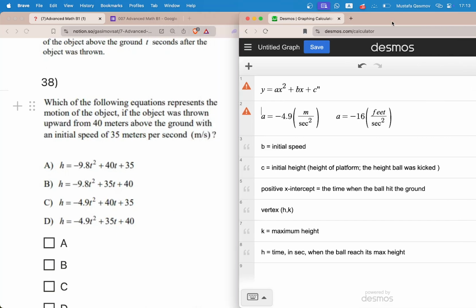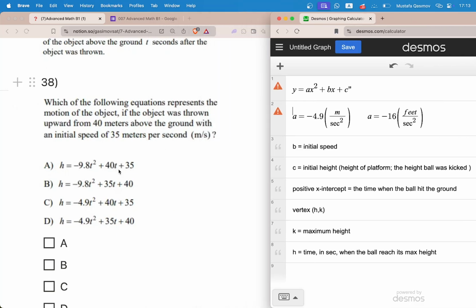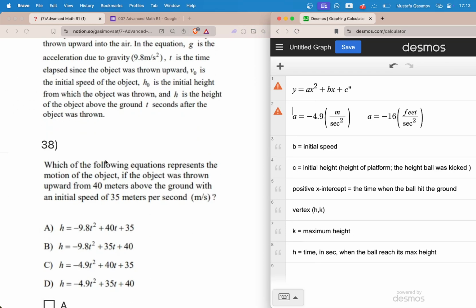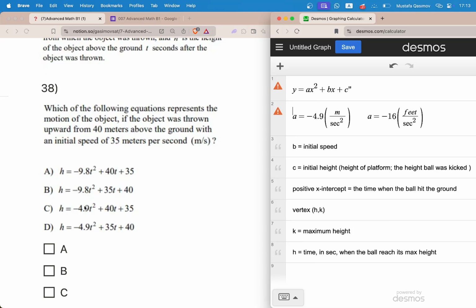B. Yes. Okay, for B you can see that the answer is not B. The 35 part is correct, the 40 part is correct, but you have to divide it by 2. So it is not A and B, because A has to be equal to negative 4.9. That's why the answer is D.